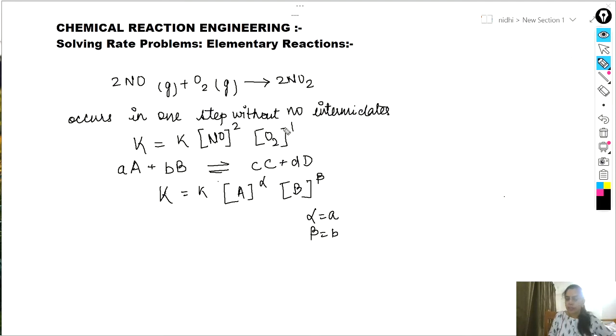So it's first order with respect to oxygen, second order with respect to NO, and third order overall because you add the second order and first order together. So that's the very nice thing about elementary reactions.